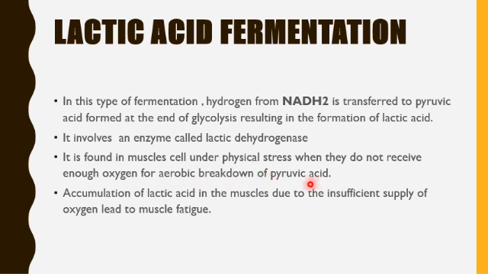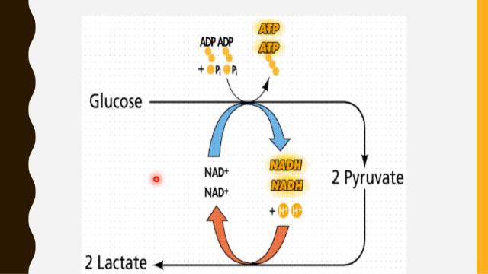Because of that, lactic acid is formed and accumulates in the muscle due to the insufficient supply of oxygen and leads to muscle fatigue or cramps.